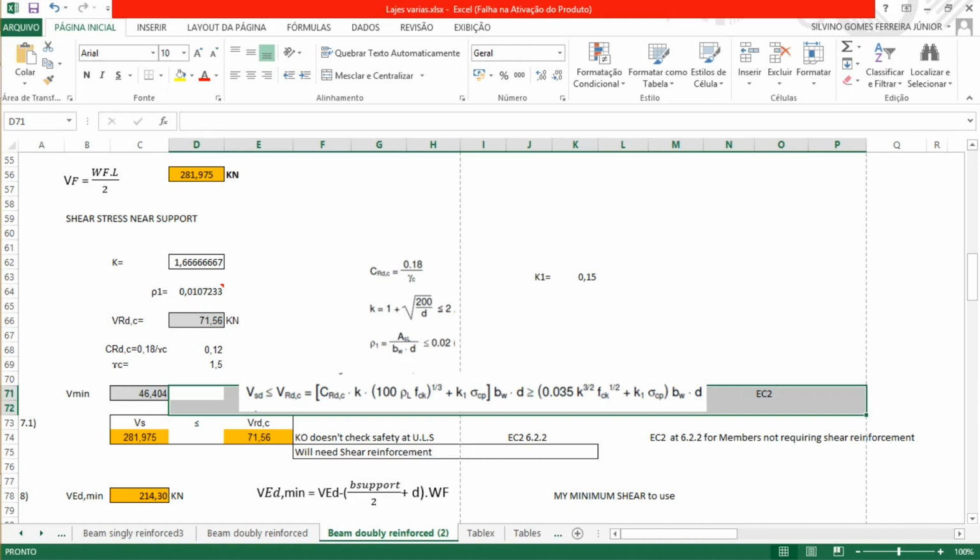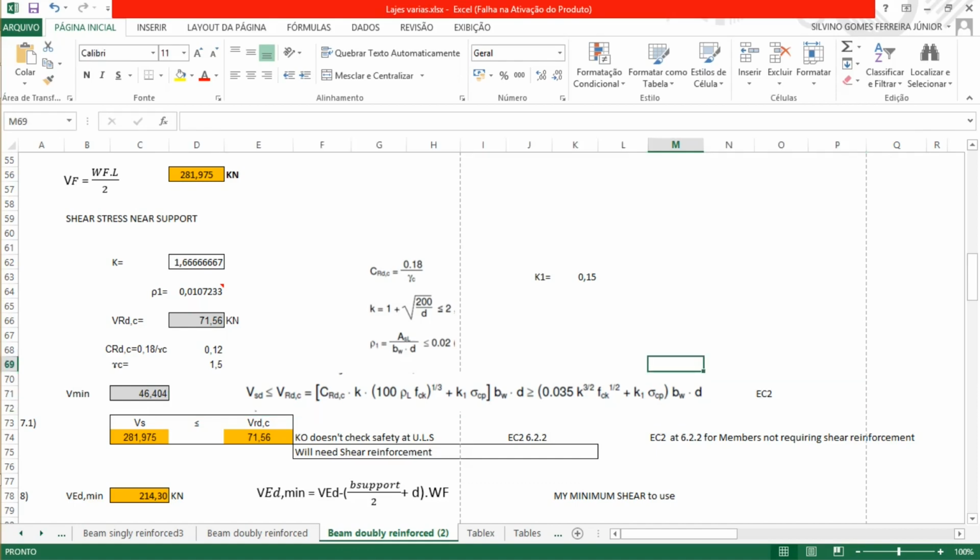We don't have axial force or prestressing here, so it's 0 in this term. When we go for the VRd,c, we have CRd,c equal to 0.18 over the safety factor of concrete, which is 1.5. That gives us 0.18 divided by 1.5, which is 0.12.